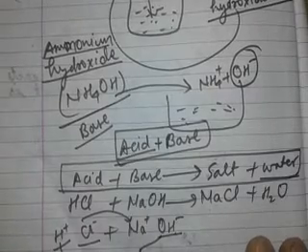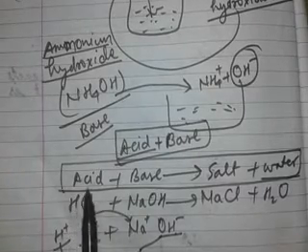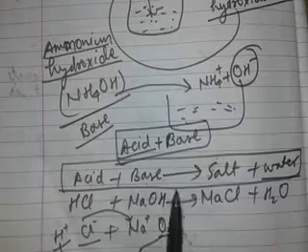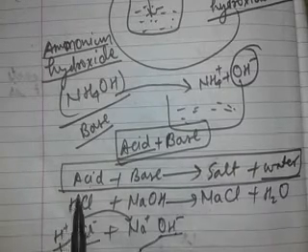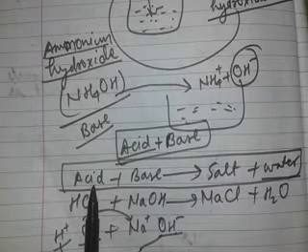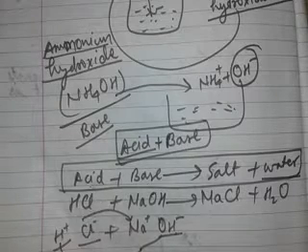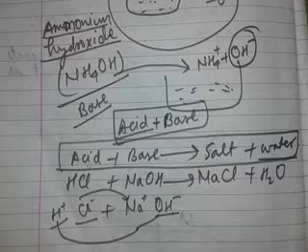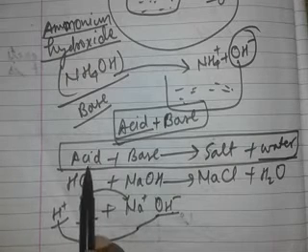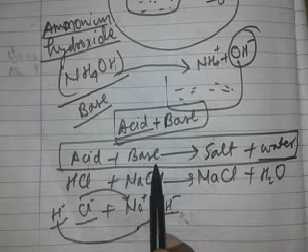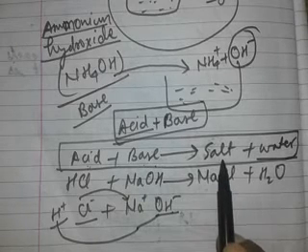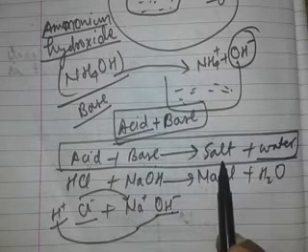From this we can define acids, bases and salts easily. In your syllabus, the definition of acid is that acids react with the base, or combine with the base, and form salt and water.